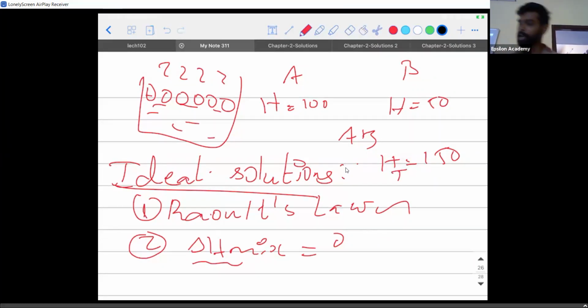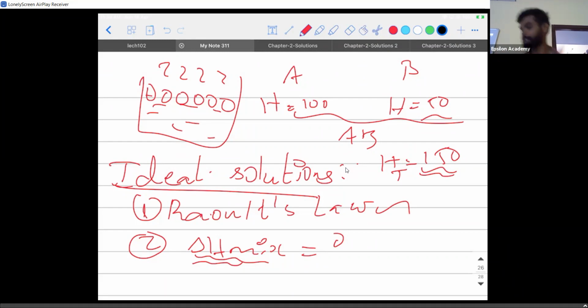So enthalpy of pure A is 100, enthalpy of pure B is 50, and when I mix them together, what I expect is the total enthalpy is 150. What do you mean by enthalpy of mixing? Basically enthalpy after mixing minus enthalpy before mixing. Final minus initial always. Now finally how much do I have? 150. Initially how much did I have? 150. Now 150 minus 150 will become 0.